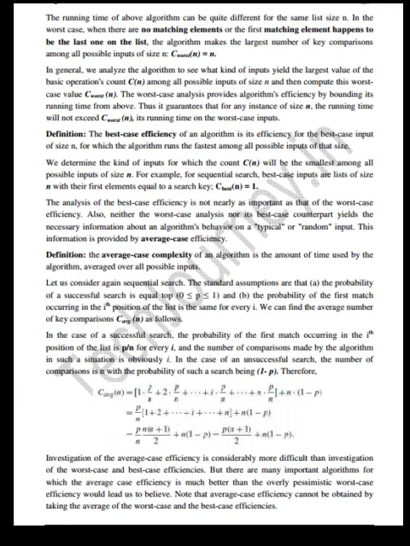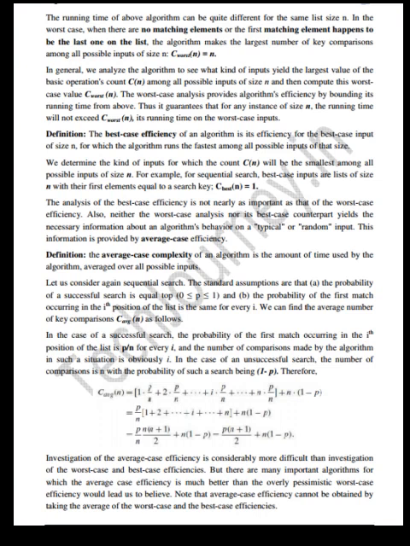In the worst case, when there are no matching elements or the first matching element happens to be the last one on the list, the algorithm makes the largest number of key comparisons among all possible inputs of size n. See, C worst of n is equal to n. In general, we analyze the algorithm to see what kind of inputs yield the largest value of the basic operations count C of n among all possible inputs of size n, and then compute this worst case value C worst of n.